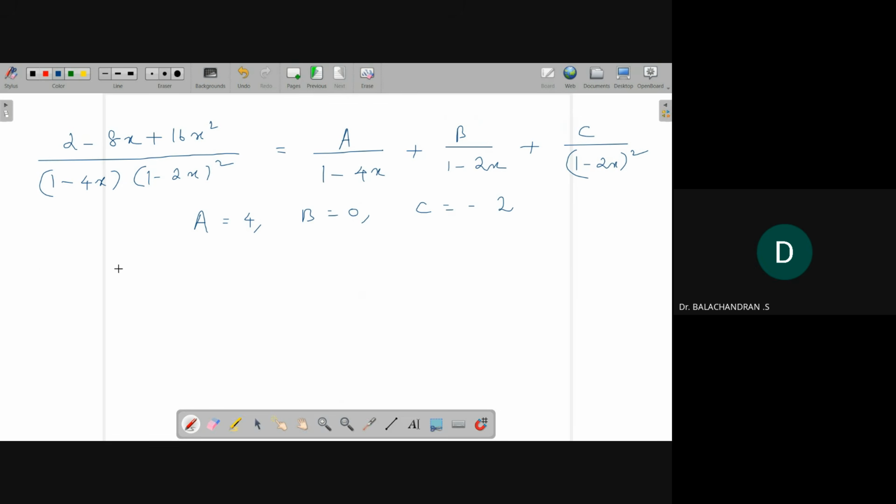So now g of x is equal to this expression. So directly write 4 by 1 minus 4x, b 0, c is minus 2 by 1 minus 2x whole square. So which is equal to 4 into 1 minus 4x whole power minus 1 minus 2 into 1 minus 2x whole power minus 2.